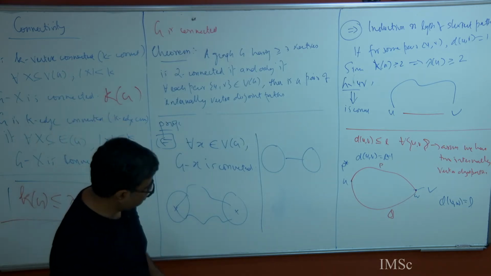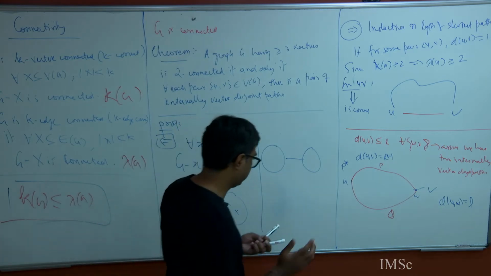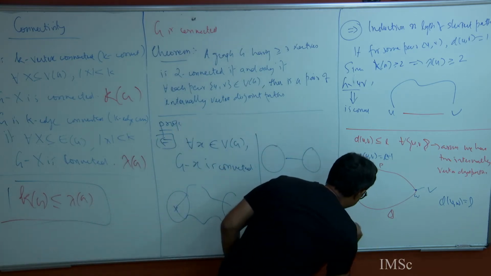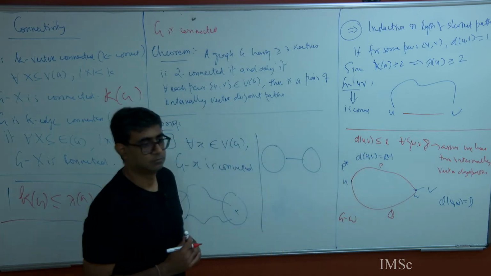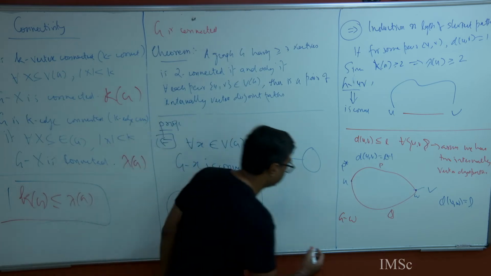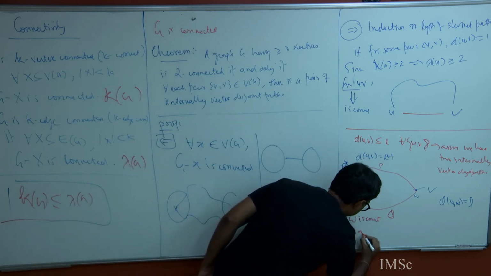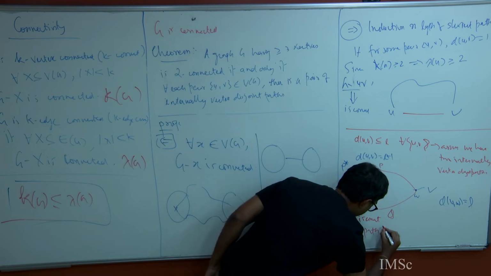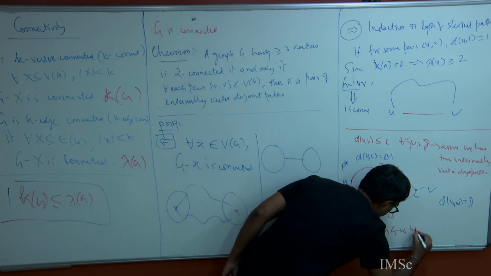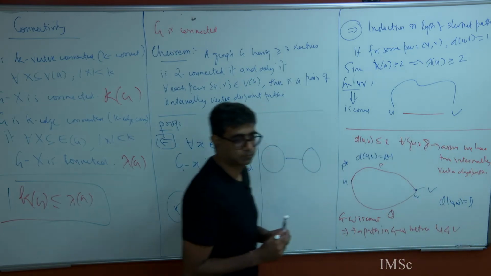Now what I know about G minus w. Is this graph connected? Okay. So G minus w is connected, which implies there exists a path in G minus w between u and v.